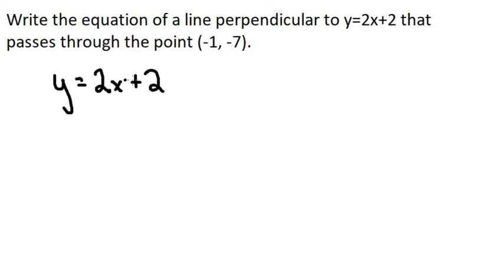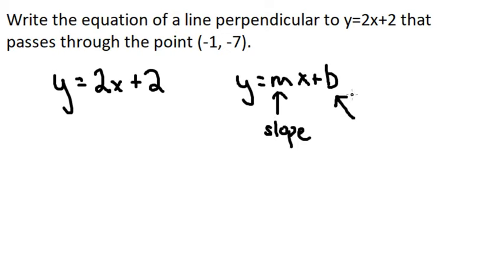The general form of an equation of a line is y equals mx plus b, where m is the slope and b is the y-intercept. So the slope of this line is 2.